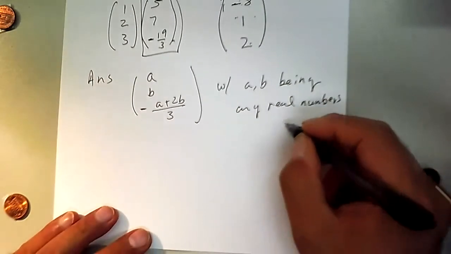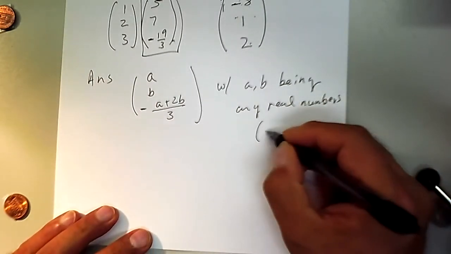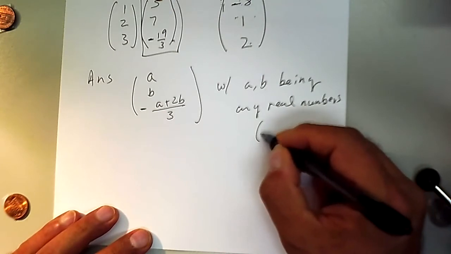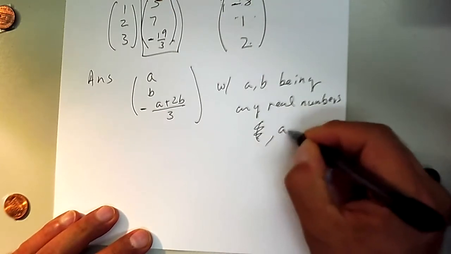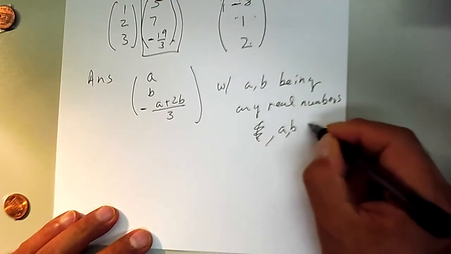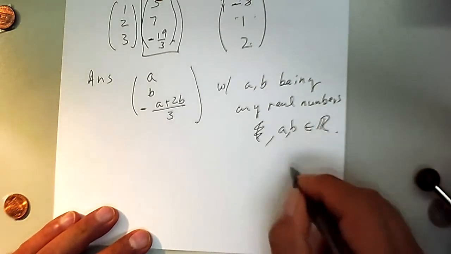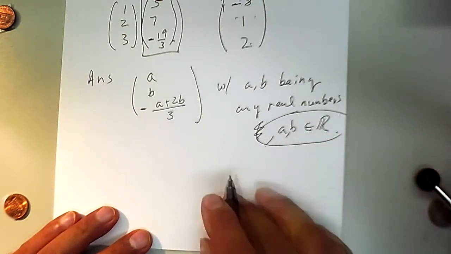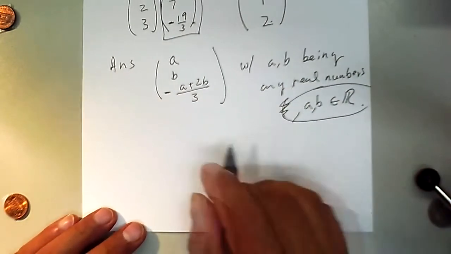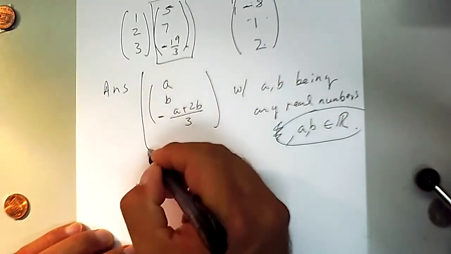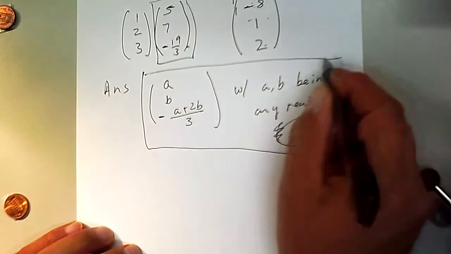That's too long to write. The way we usually write this is by putting a comma and saying a, b belong to the real numbers. So that's the notation we're going to use. This is one answer, and that will be completely and totally acceptable.